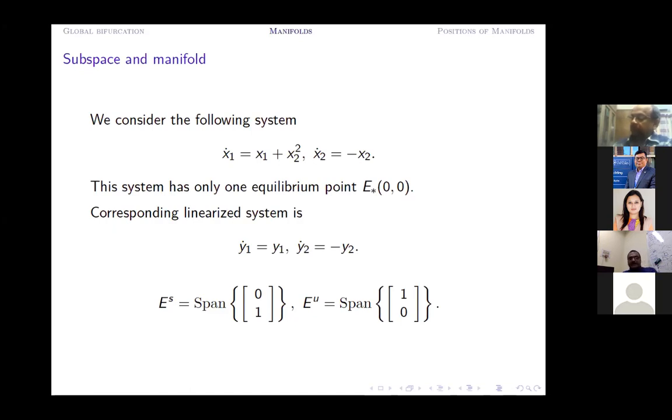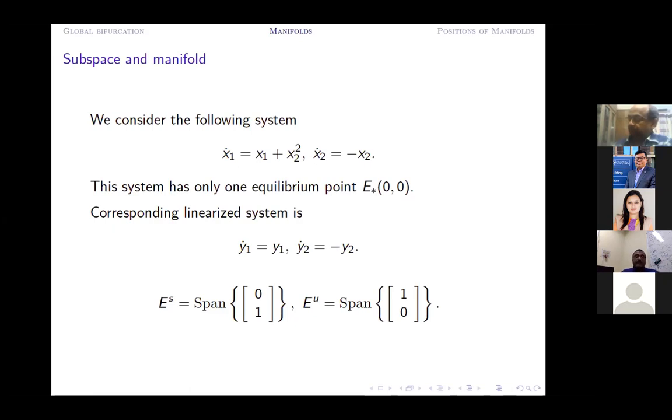Now the question is that the linearized problem has two straight line solutions. One is y1 equal to 0, another one is y2 equal to 0, and the other nonlinear or curvilinear solutions are given by y1 y2 equal to constant. And you know from the Hartman-Grobman theorem, as none of the eigenvalues of the given system have 0 real part at the equilibrium point, the solution trajectories of this linear system will be topologically equivalent to the solution trajectories of the complete nonlinear system in the vicinity of (0, 0).